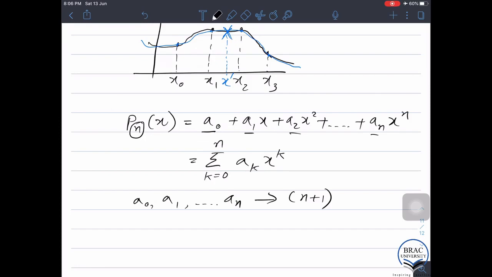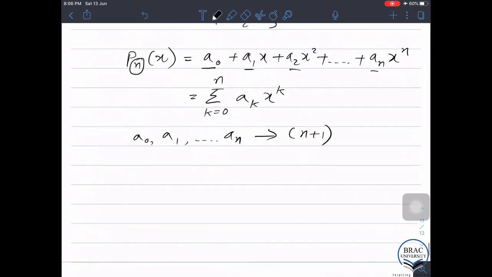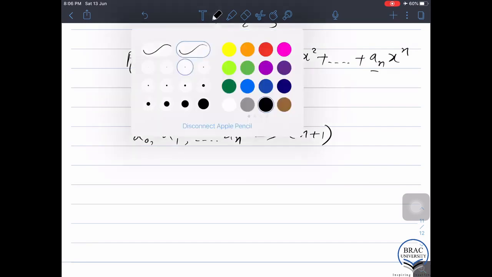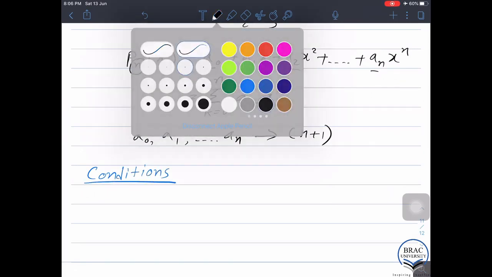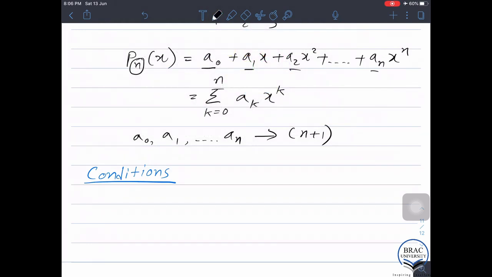All right, and what are the conditions that this polynomial has to satisfy? Let me write it in a different color. The conditions that the polynomial has to satisfy is that the polynomial at x0 should be equal to f of x0 at the node, right?